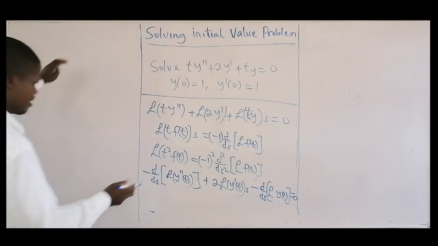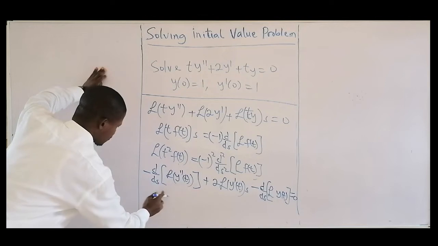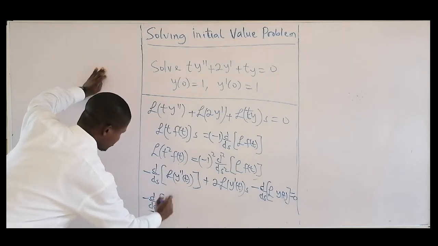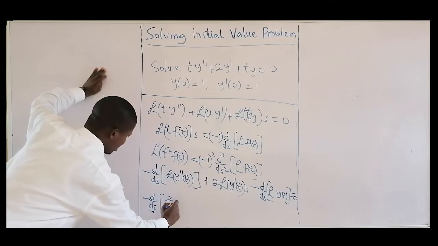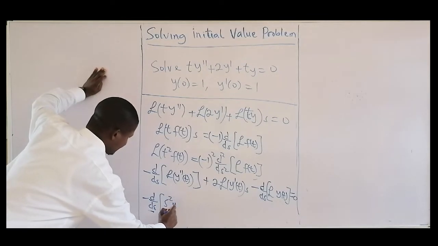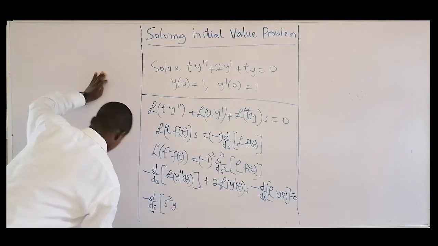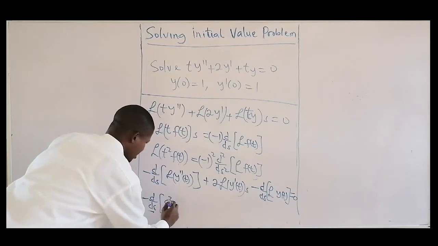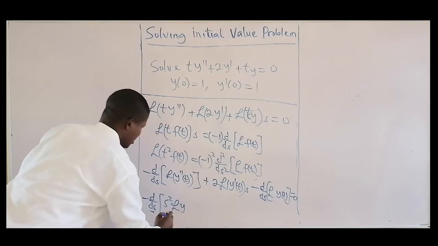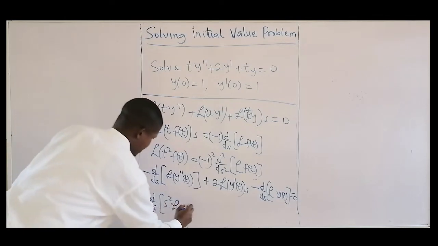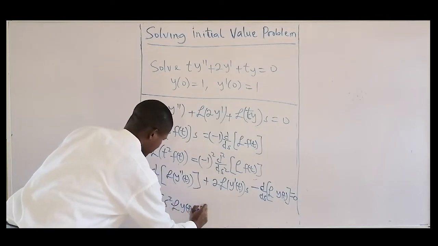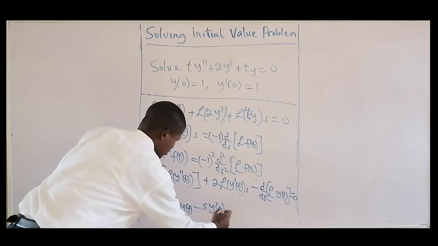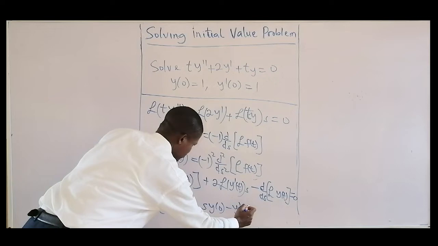Then we can now write the Laplace transform for those equations. So that will be minus d/ds of s squared Laplace of y of t minus s y of 0, then minus y prime of 0.